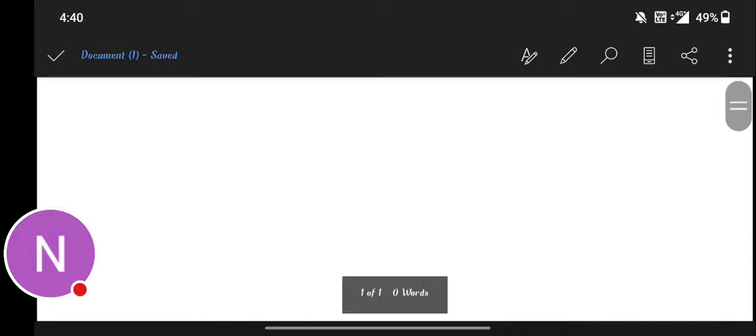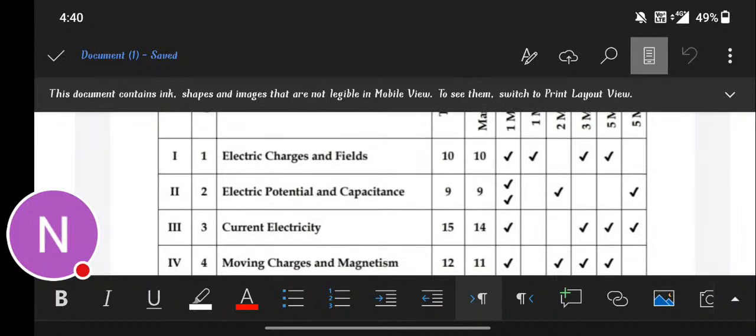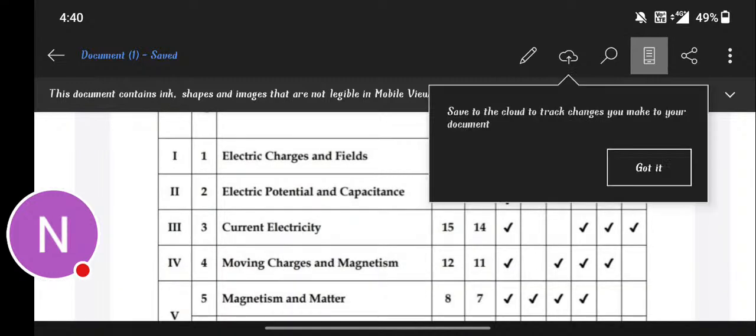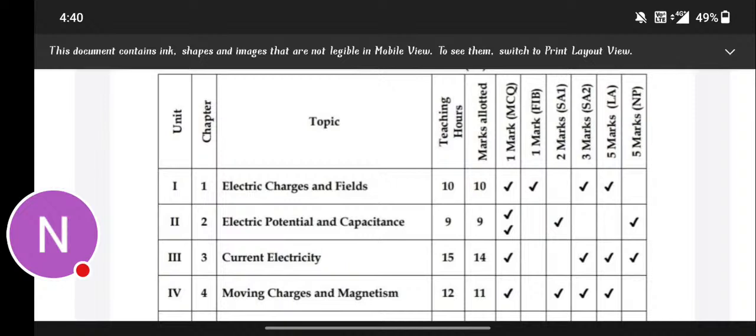easy chapters like electrical charges and fields, if you study in here, if you got 10 marks, okay, if you study well, if you study this chapter, all the important questions, I will also do a video on important questions.